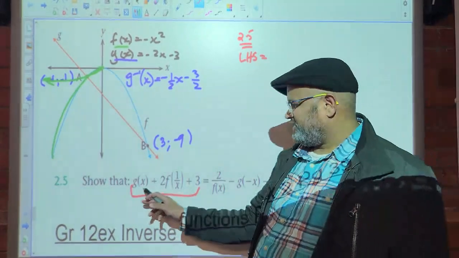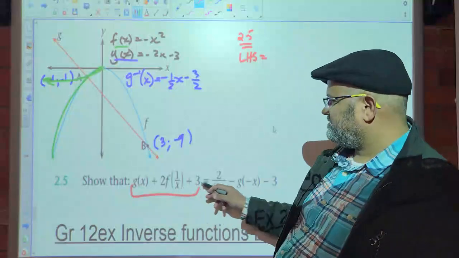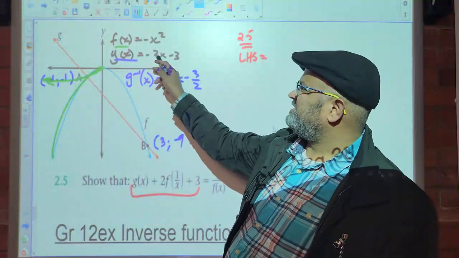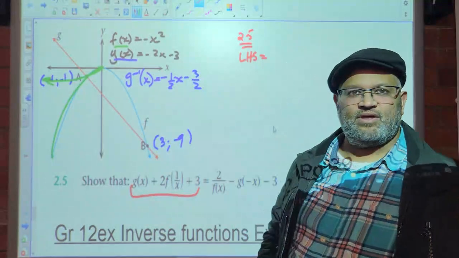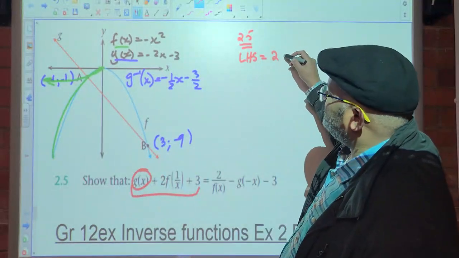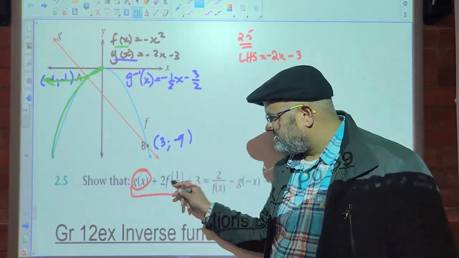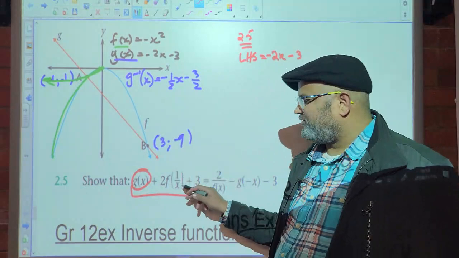So what is g of x? g of x is negative 2x minus 3. So it's going to be negative 2x minus 3 plus twice f of 1 over x.